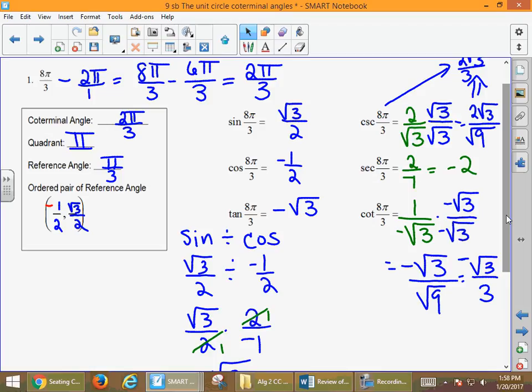All of the rest of these values, cosine's negative in the second quadrant, tangent's negative in the second quadrant, which means that the reciprocal values are also negative in the second quadrant. That goes back to the all students take calculus little mnemonic that we've talked about a couple times this week. But I hope you agree that this looks very familiar, just kind of doing it all in one.